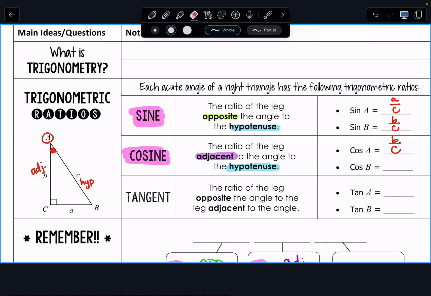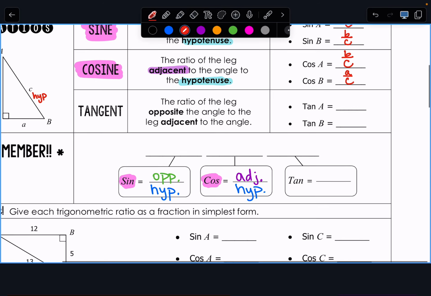But now if I look at angle B, which side is adjacent to angle B? So this ratio would be A over C, adjacent over hypotenuse. So cosine equals sine? No, that is not it. Doesn't BC equal BC? AC equal AC. That's not how it works.